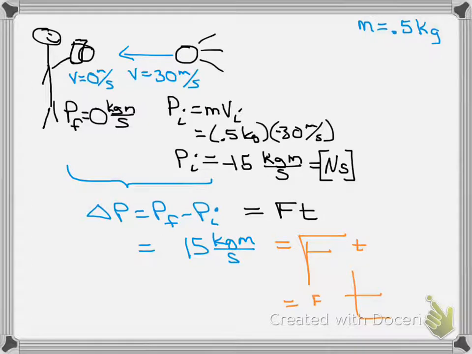Or we could apply a very small force for a much larger period of time. Imagine that you take your hands, and as soon as you feel the ball in your glove, you move your hands back toward your body. That means you're taking a longer time to bring the object to rest, and thus you need less force to bring it to rest.